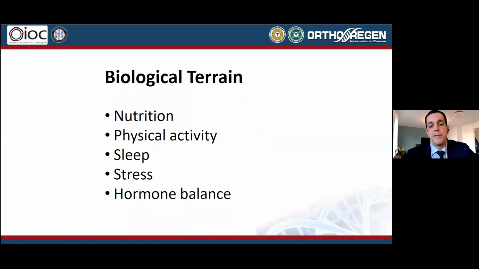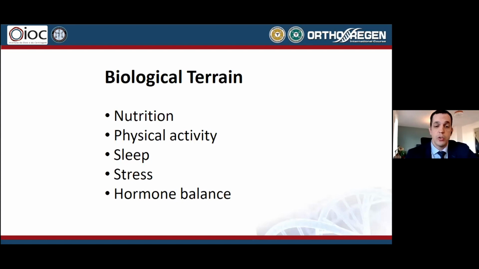treatment; the physical activity of the patient, which is very important for muscle mass, to protect our joints; the sleep quality. We know that when we don't have good quality sleep, it blocks the regenerative process.